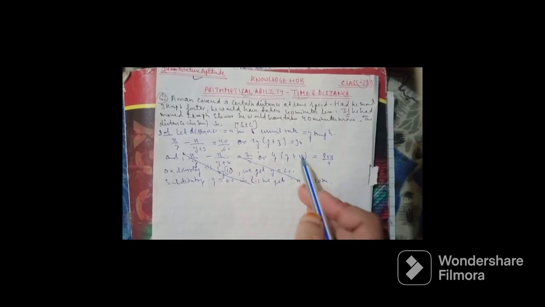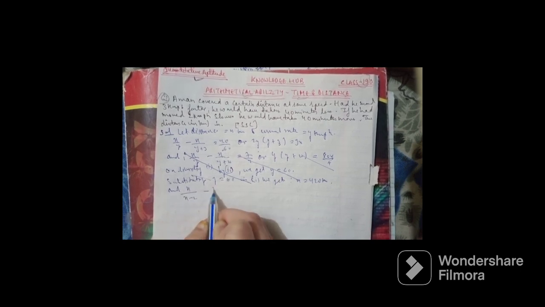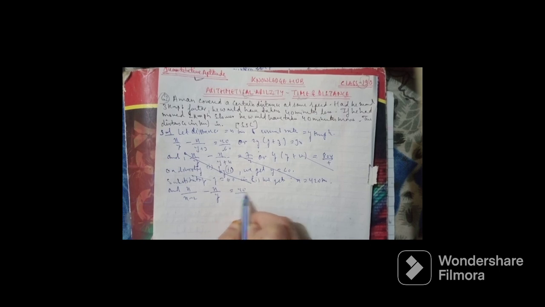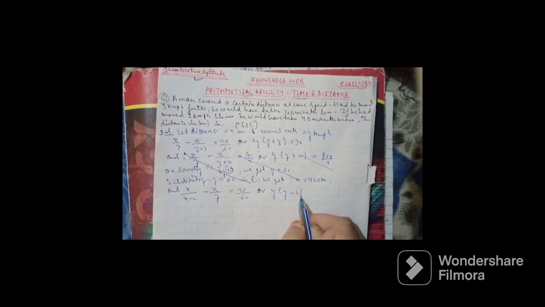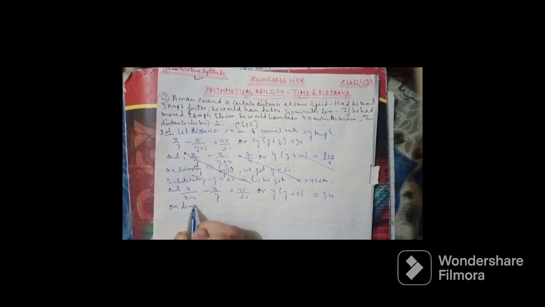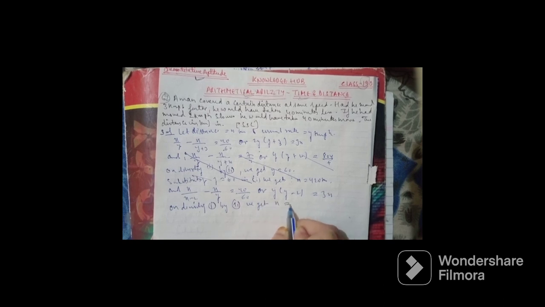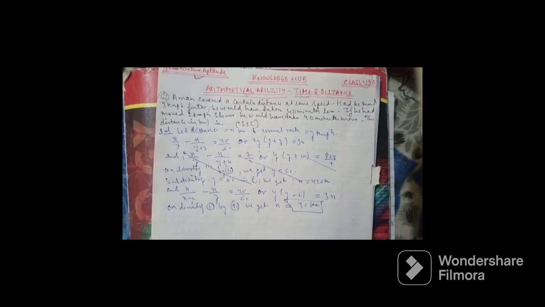I had done the wrong equation here, sorry. And x minus 2, minus x by y equals 40 upon 60, or y minus 2 equals 3x. So on dividing 1 by 2, we get x equals 40 kilometers. So x equals 40 kilometers will be the right answer.